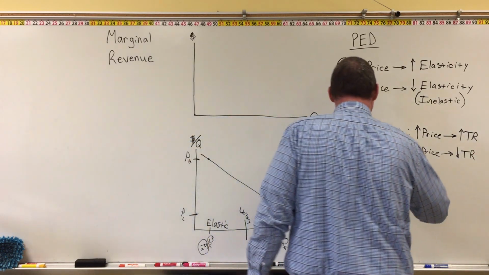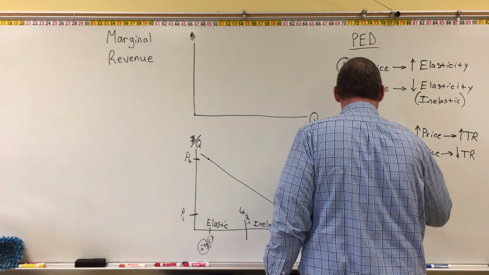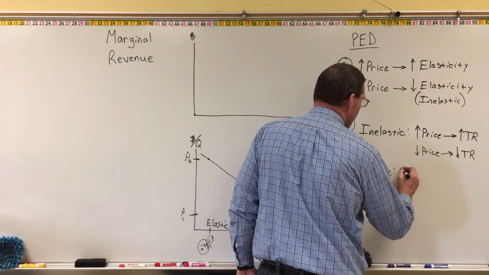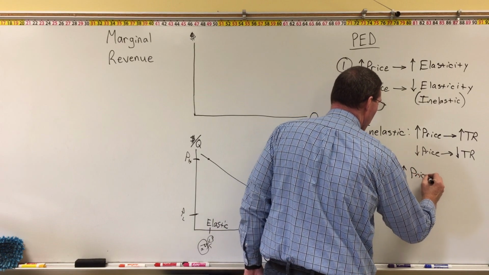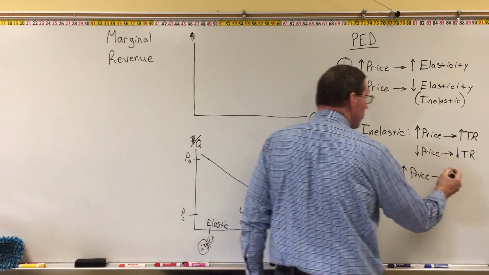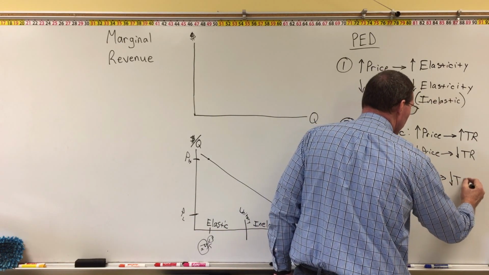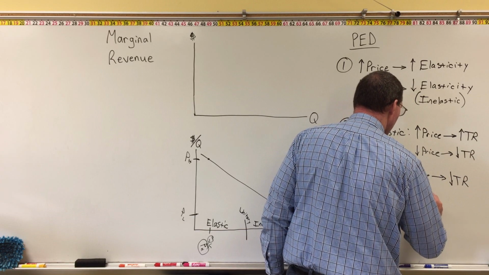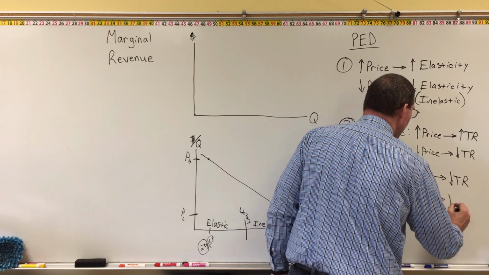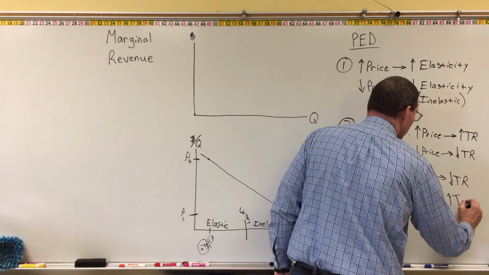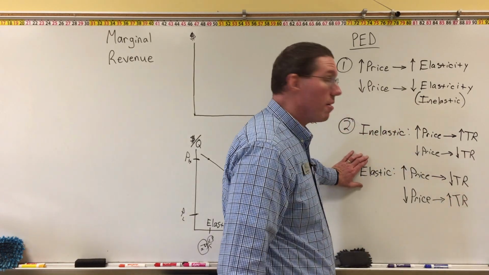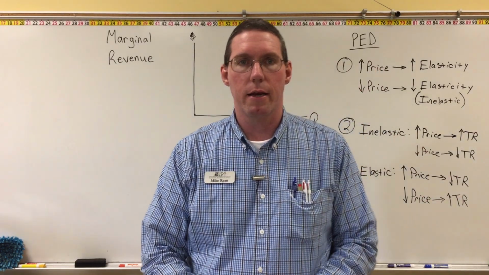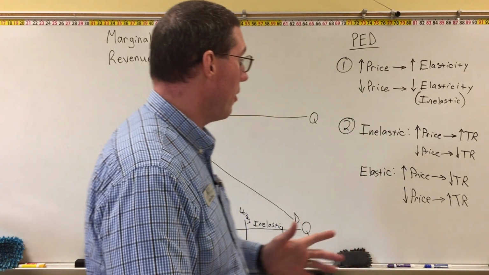Then we learned that when demand is elastic, an increase in price would result in a decrease in total revenue, or that a decrease in price will result in an increase in total revenue. Okay? So when demand is elastic, there is a negative relationship between a price change and how much revenue is earned by the company.